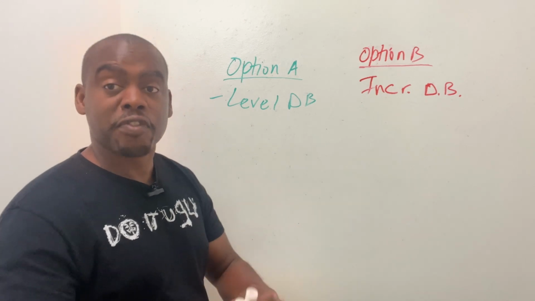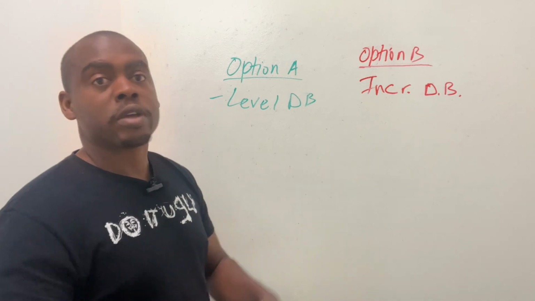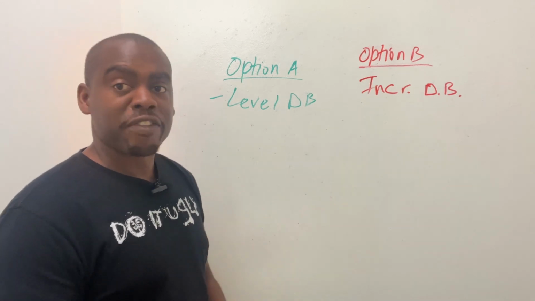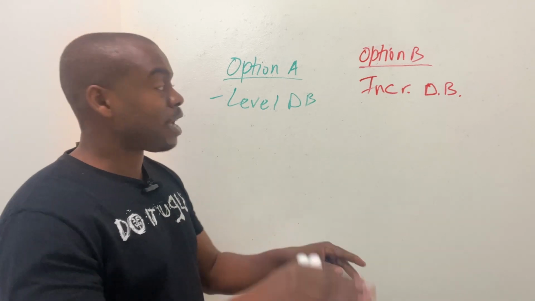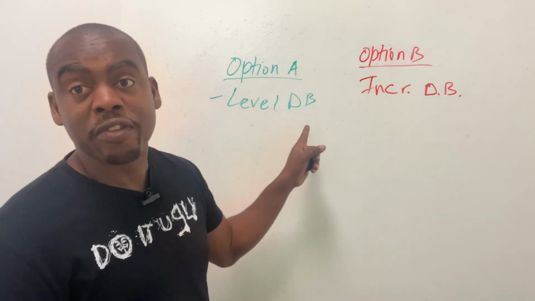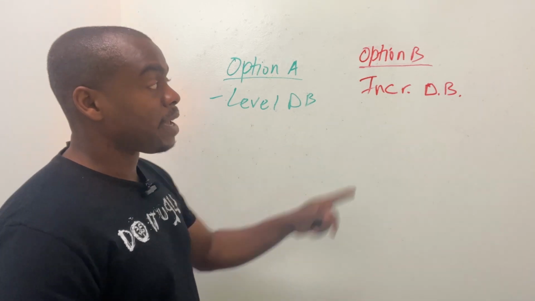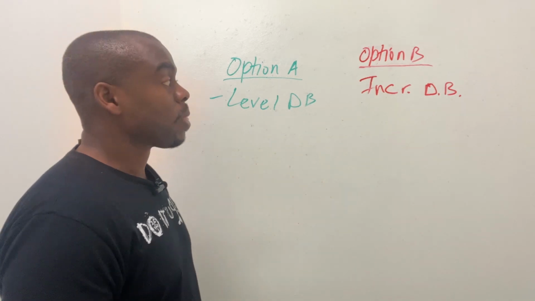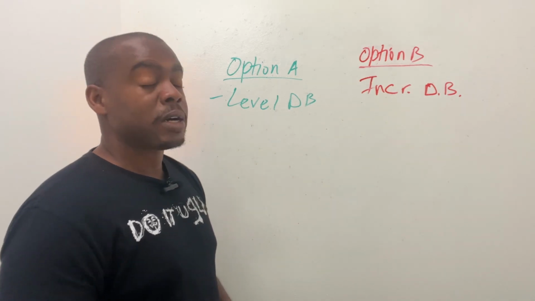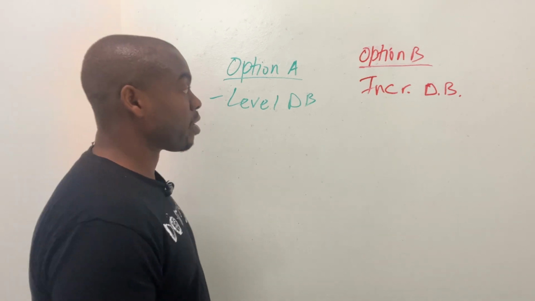So if you died 10 years after the policy was in effect, even though you're growing some cash value, that benefit will stay whatever it was at the beginning of the policy.